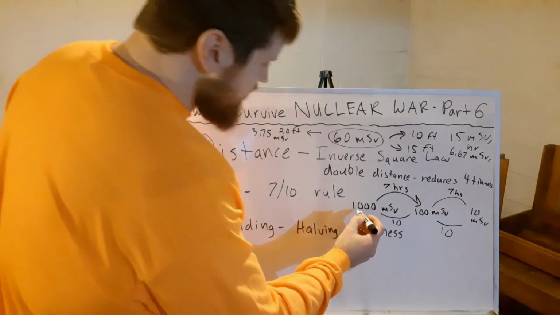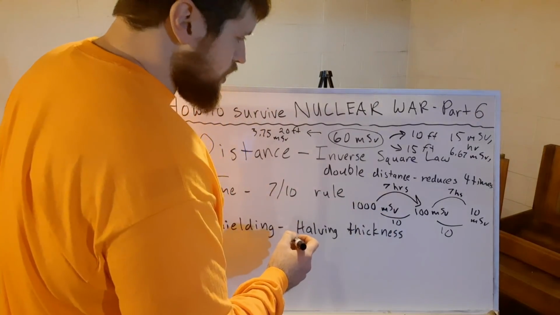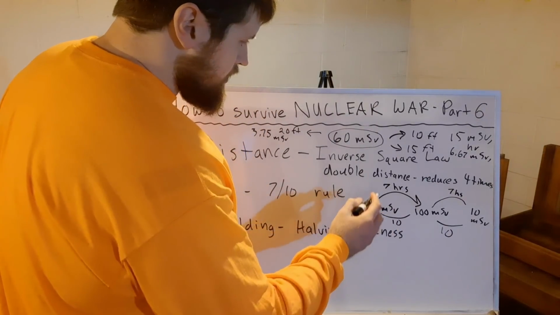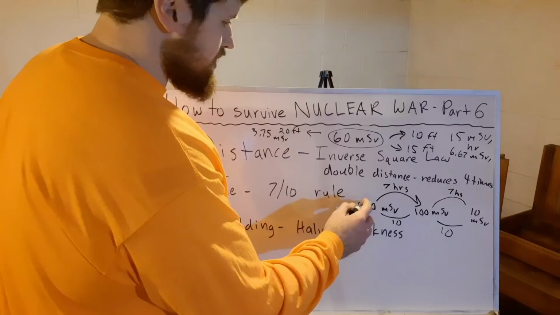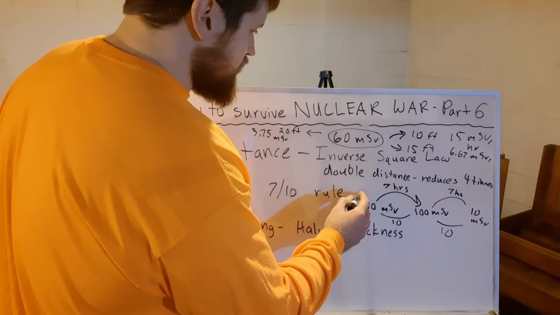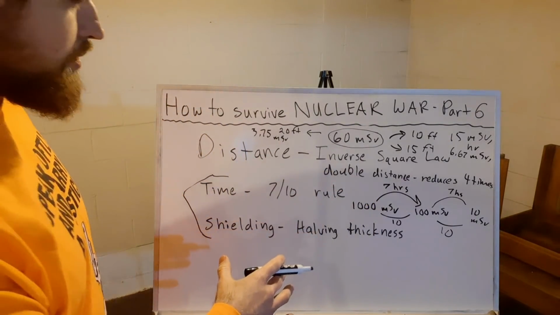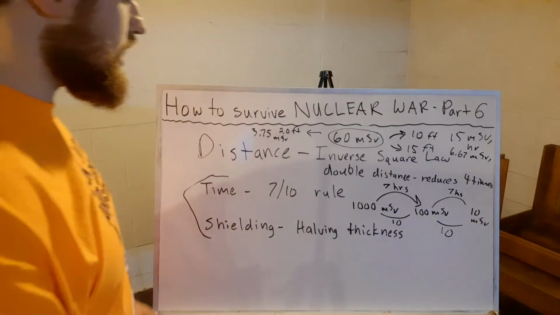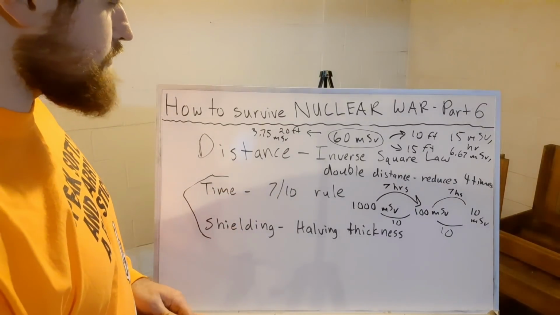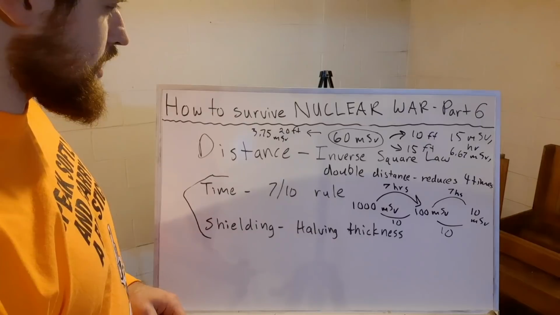So here we have 1,000 millisieverts per hour. You're going to get radiation sickness just by being exposed to this radiation within minutes. Within minutes, you're going to get a very high dose.